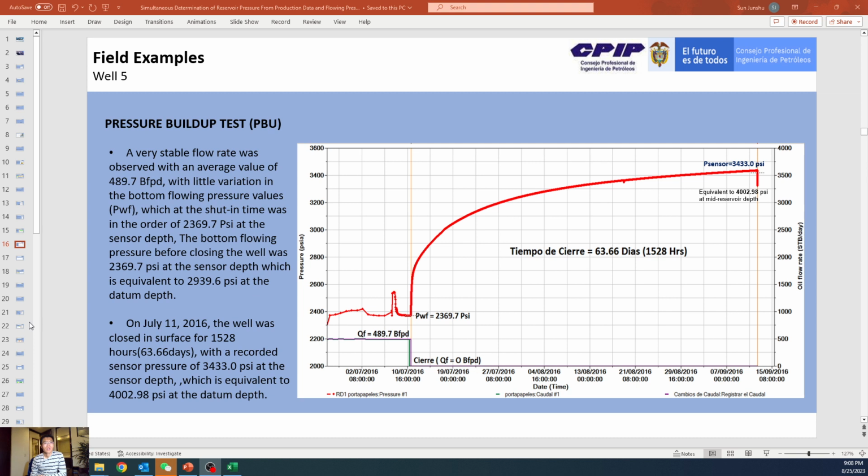That is almost 64 days, with a recorded sensor pressure of 3,433 psi at the sensor depth, which is equivalent to 2002.98 psi at the mid-perforation depth.